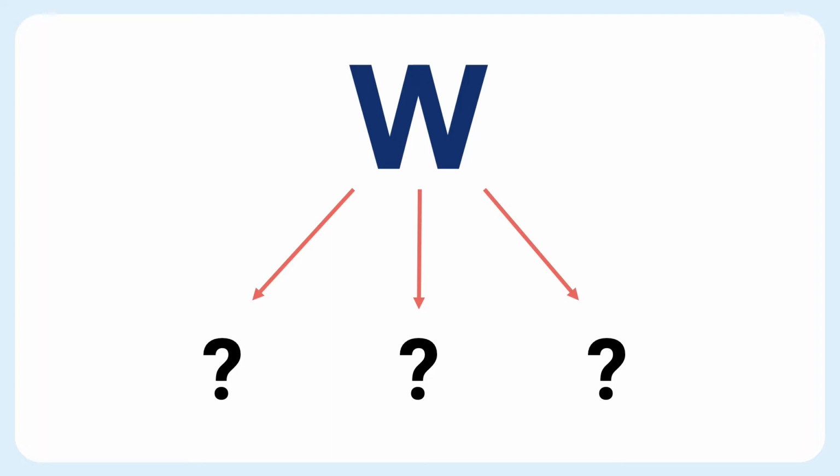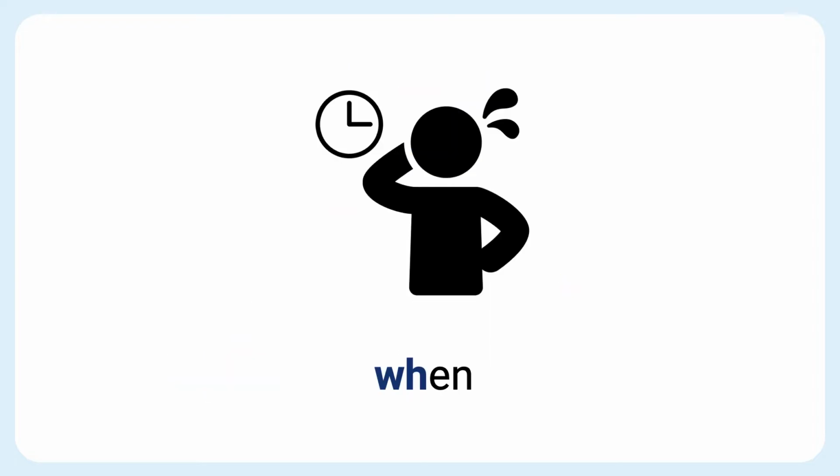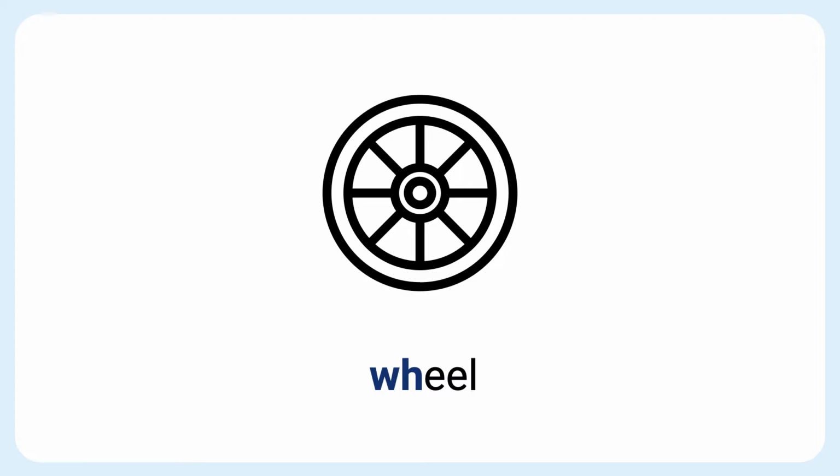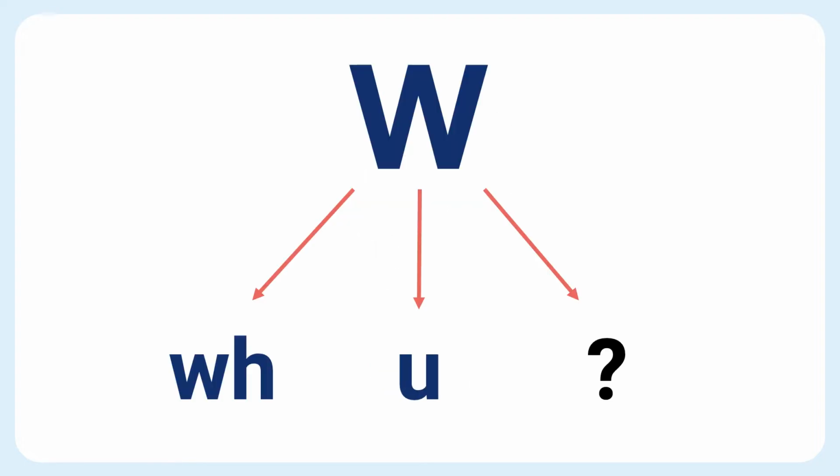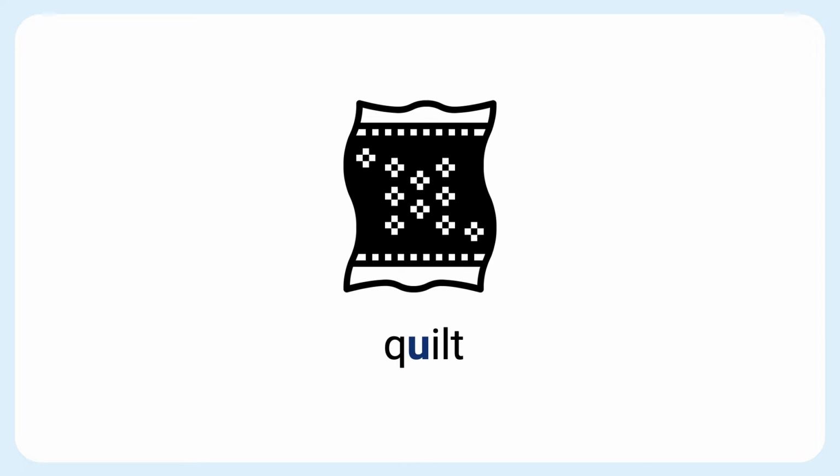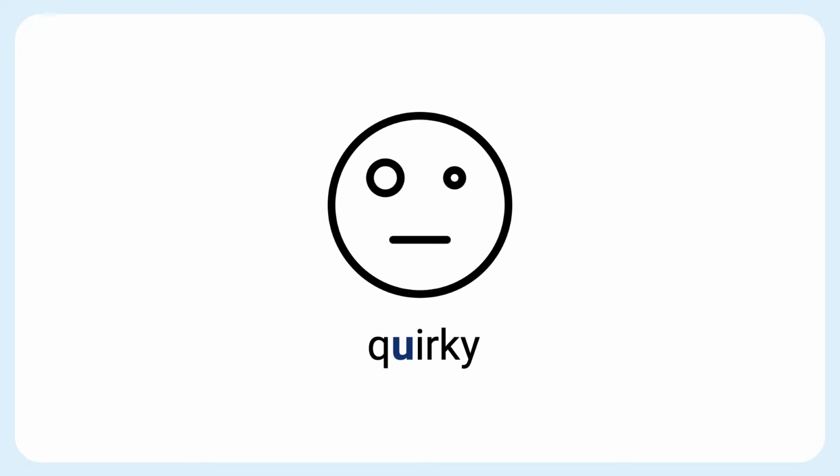But there are actually 3 other spellings of the W sound in English, like WH, as in when, or wheel, or whip. And then there are a few spellings that use the letter U, usually after the letter Q, as in quick, quilt, or quirky.